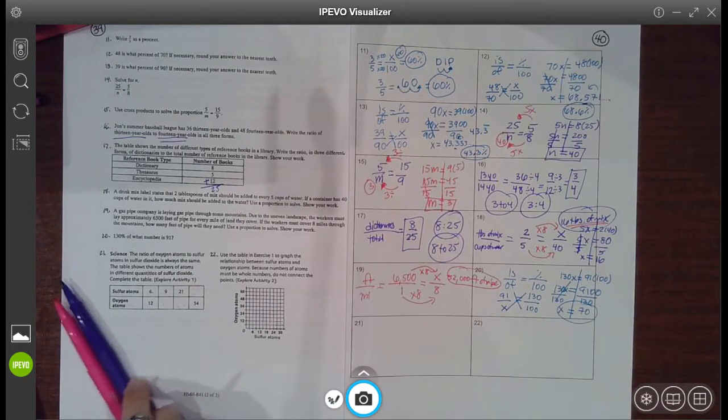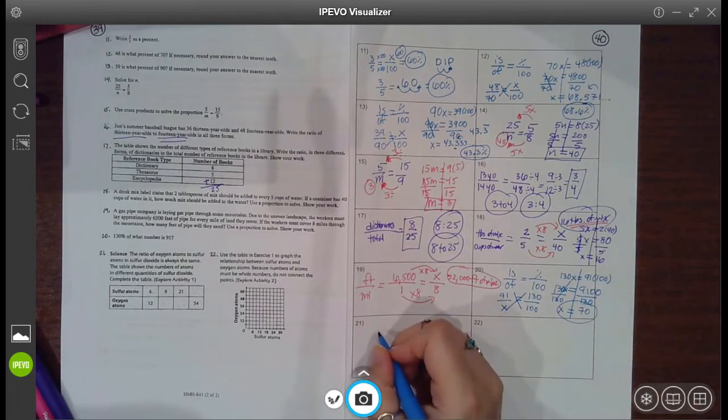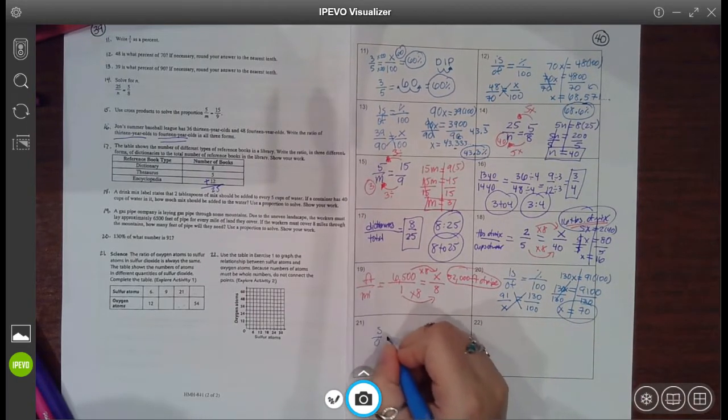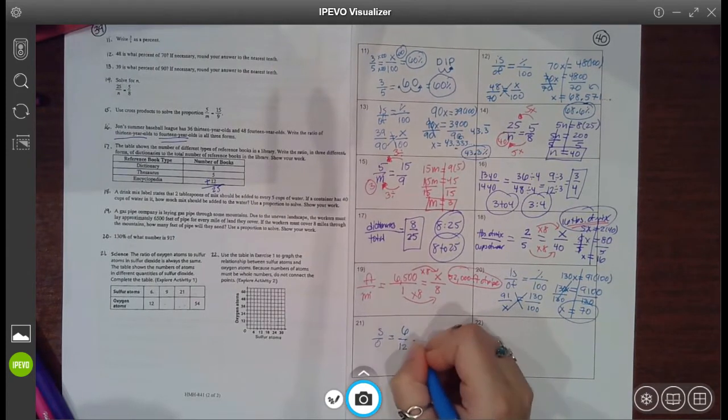Number 21 says the ratio of oxygen atoms to sulfur atoms in sulfur dioxide is always the same. The table shows numbers of atoms in different quantities of sulfur dioxide. Complete the table. Well, sulfur to oxygen, it says when there's 6 sulfur atoms, there's 12 oxygen atoms.